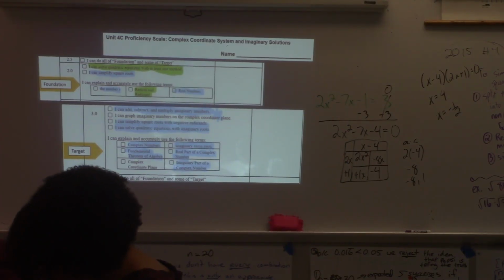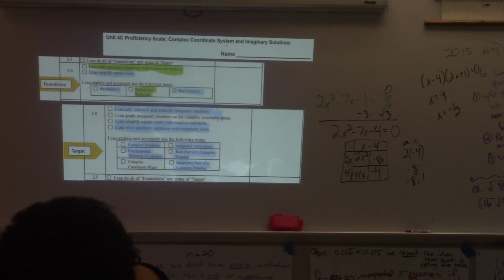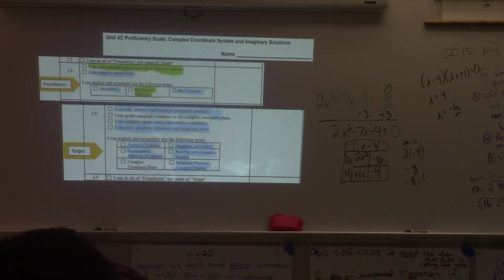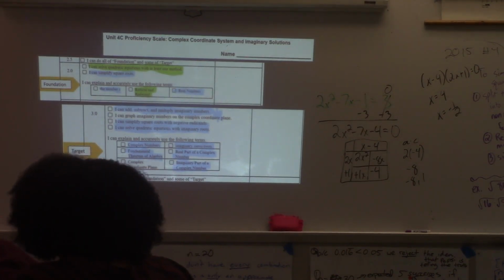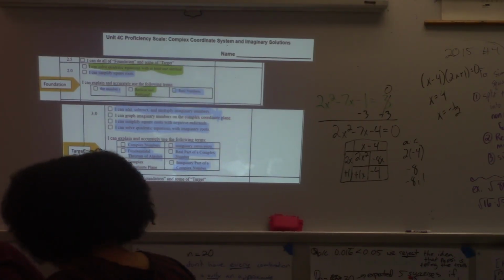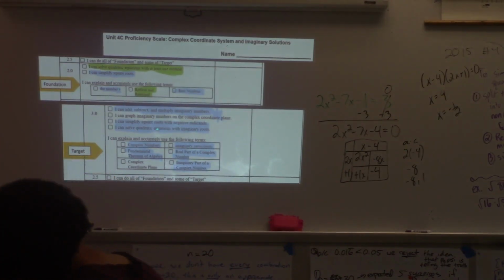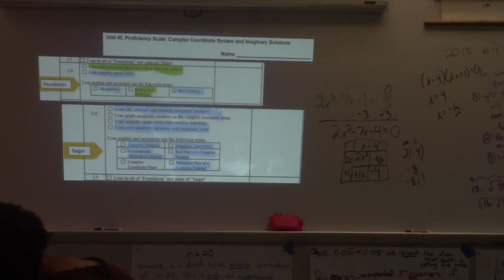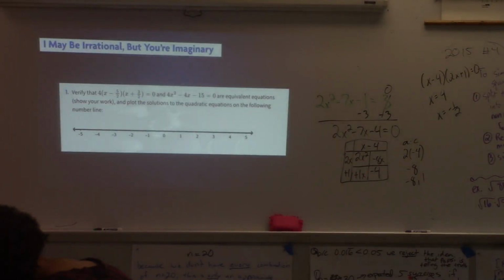So you need to find a perfect square factor like 16 and like 5. Because I can take the square root of 16 and I leave the square root of 5, okay? So we're going to practice some more with that today. Adding and subtracting and multiplying imaginary numbers, simplifying square roots with negative radicands, and solving quadratics with imaginary zeros.